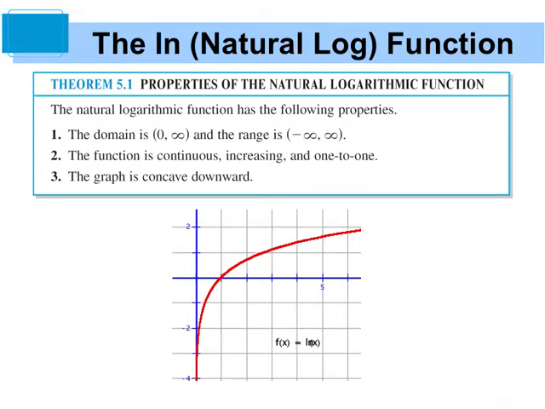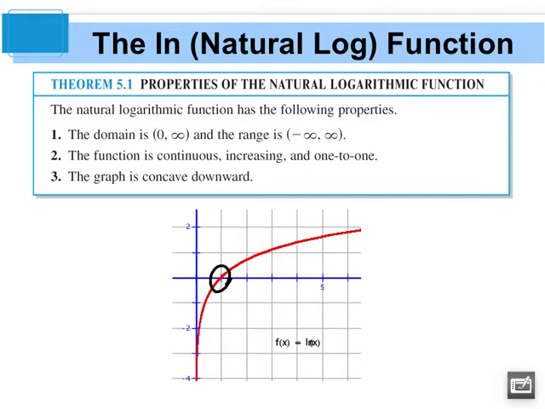Can somebody please explain to me why that equals 0? Why does the graph pass through the point (1, 0)? Should be (1, 1).